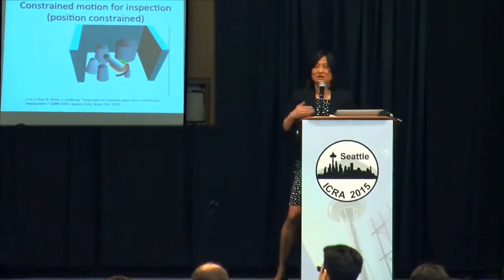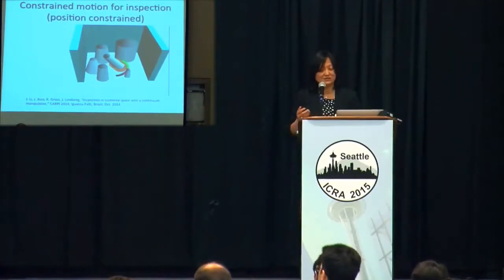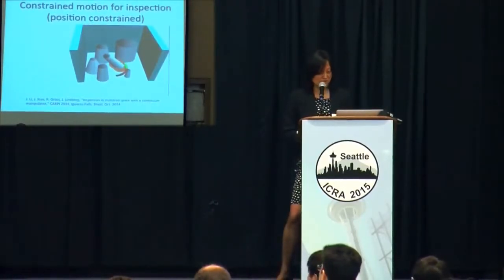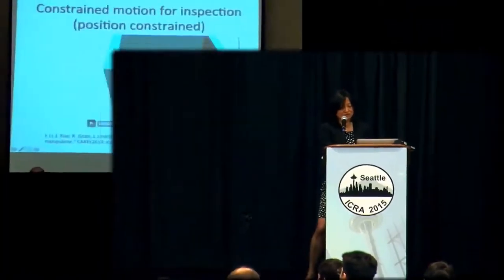So we start from a very limited subspace of configuration space to find a feasible shape and pose of the robot. And if necessary, we gradually increase the search space. This video is pretty long, so I'm going to speed it up, but it shows that you can cover the whole structure.